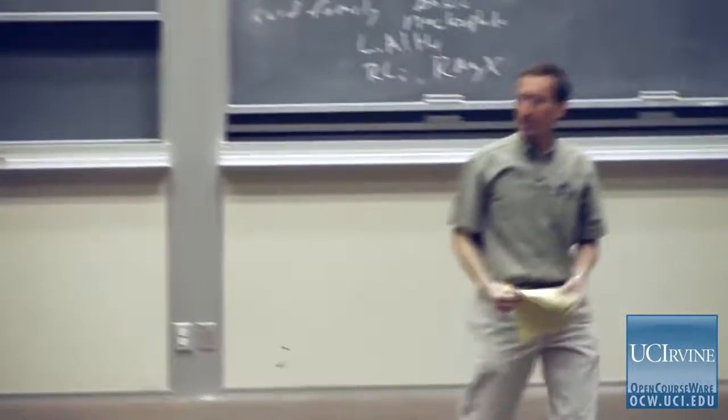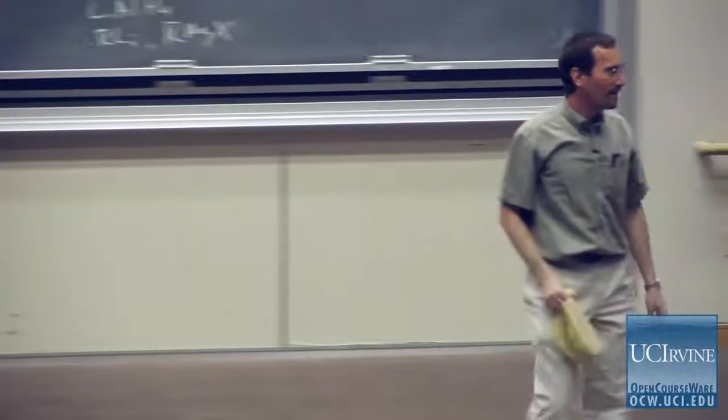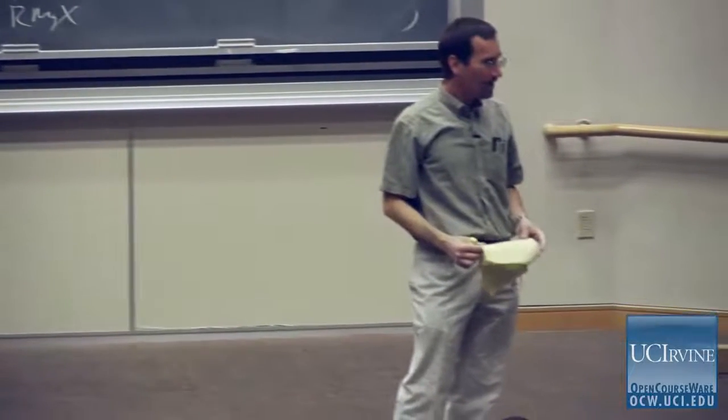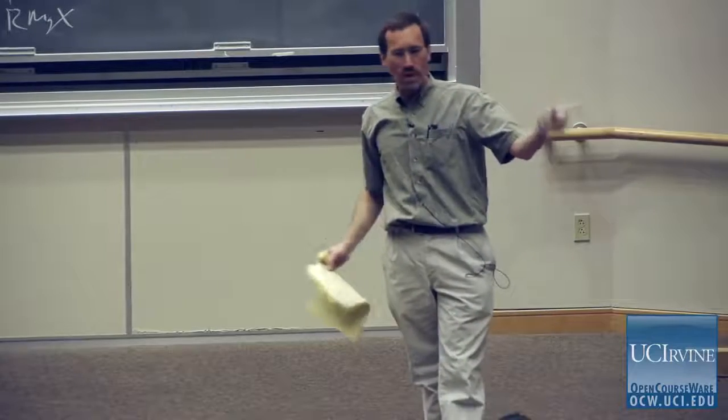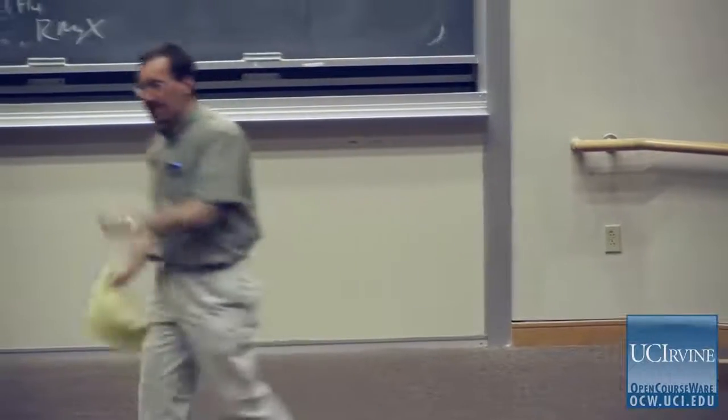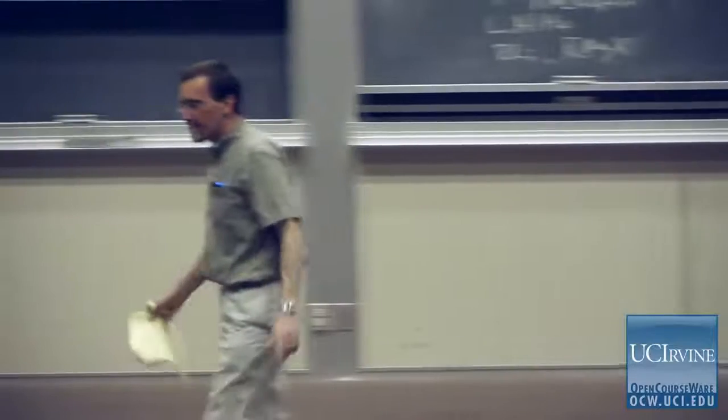And one more question. What does it mean by leaving group has less than 5 pKa? Okay, what do you mean? Great question. What do you mean by a leaving group has less than 5 pKa?